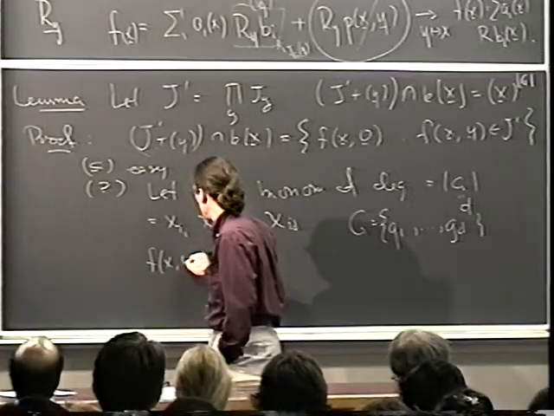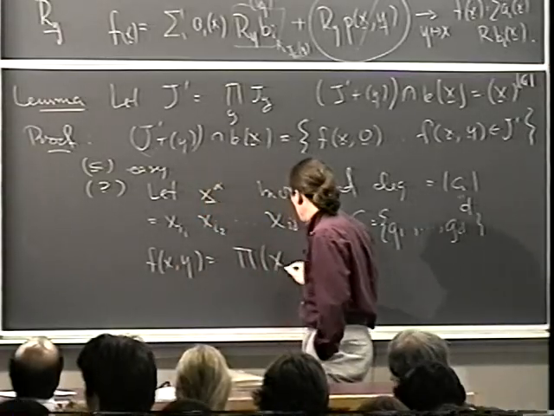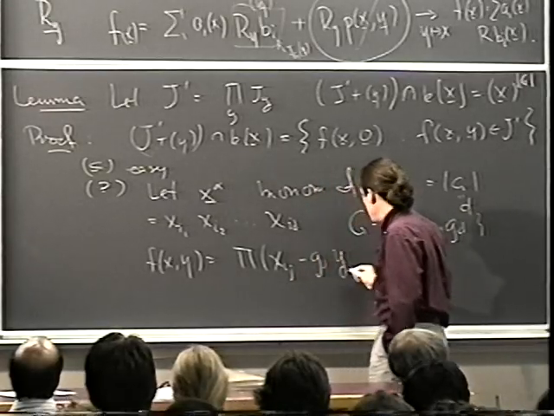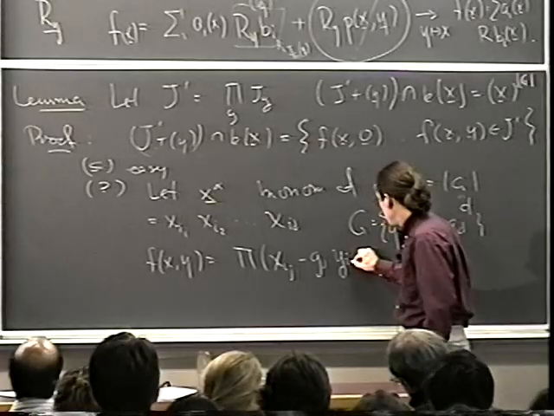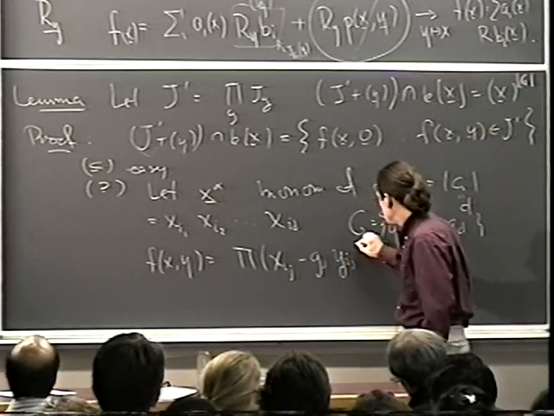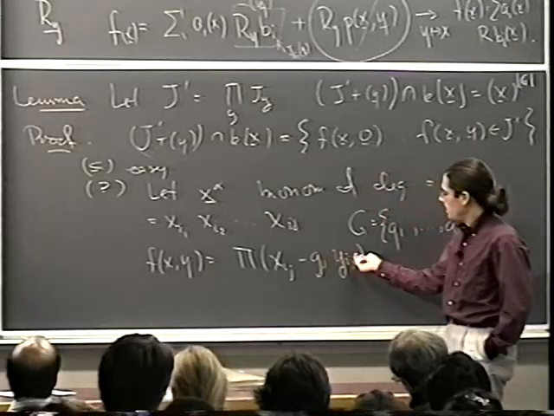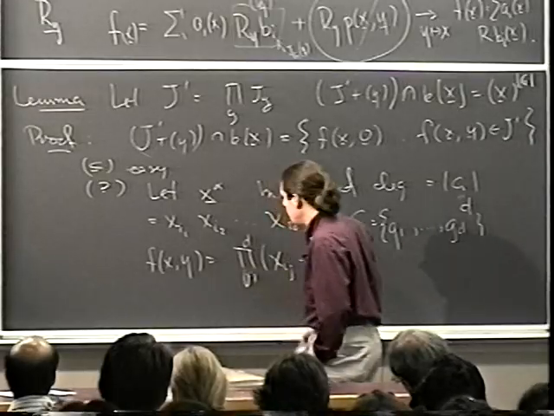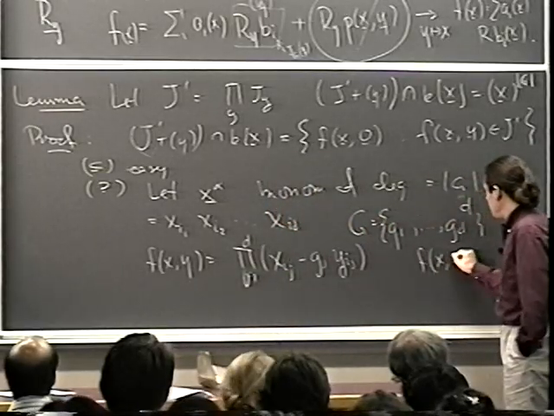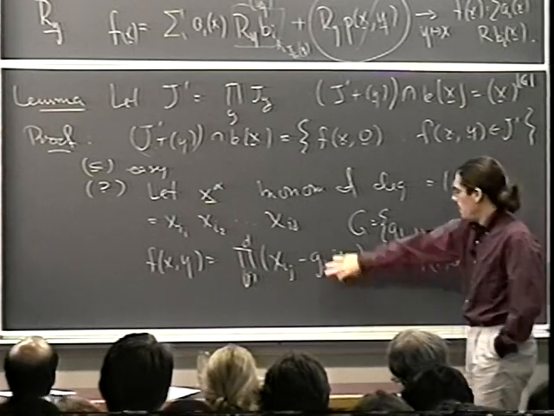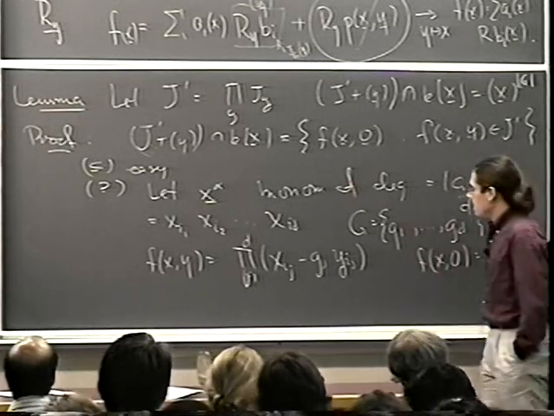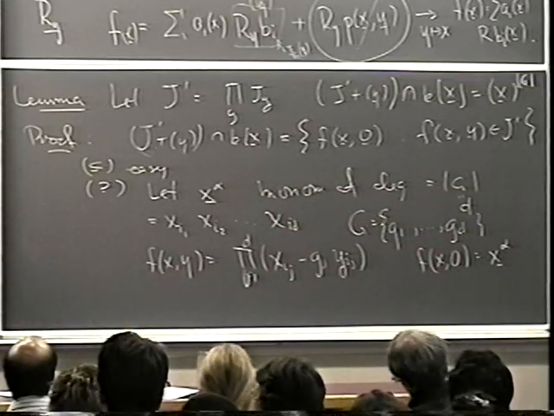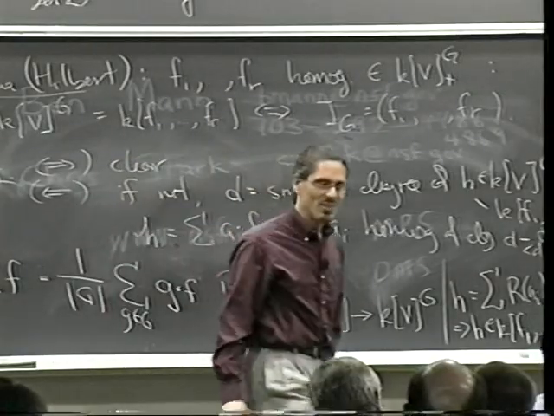F of x,y is the product of x_{ij} minus g_j of y_{ij}. Okay? So this is a linear form in the y's for j going from 1 to d. So obviously f of x,0 is x to the alpha, right? Because the y's just disappear. On the other hand, the jth factor here is in J sub g inverse, I guess. Okay?